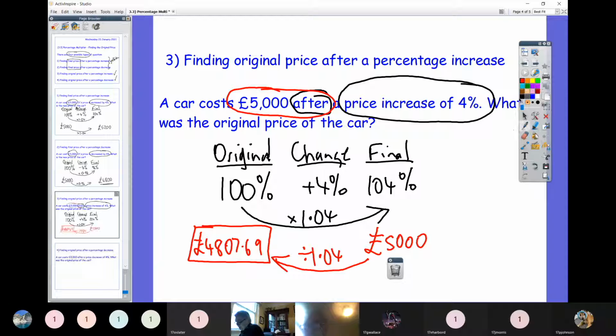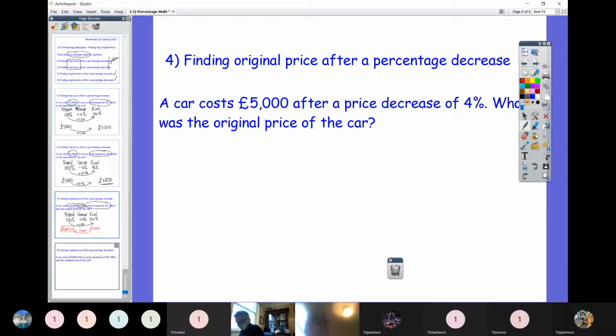Now let's have a look at the fourth type. As always, have an original column, a change column, a final column, and have 100 in that first column. That never changes.